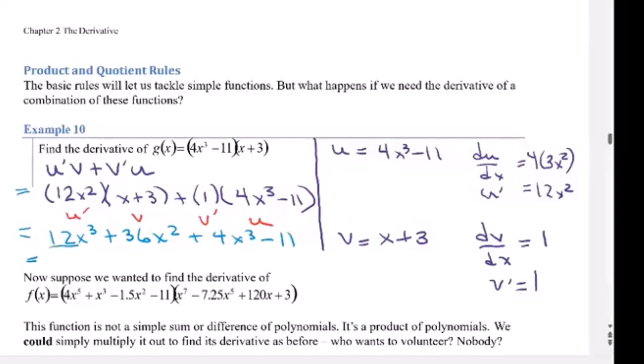I can combine 12x cubed and 4x cubed, and I get 16x cubed. I don't have any other x squareds, so plus 36x squared, done, minus 11, complete.